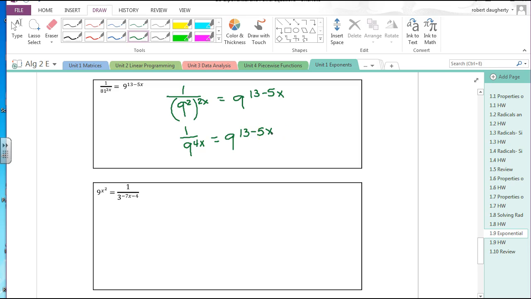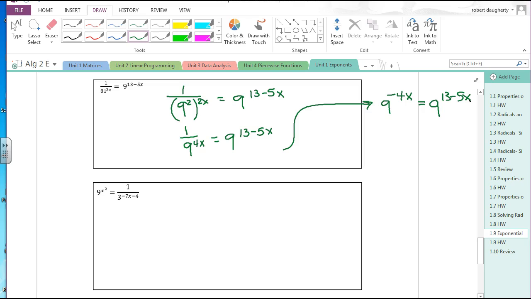Now, do I have the same number on both sides raised to a power? Not exactly. What could I do to get them both as 9 to a power? I can make this positive exponent a negative exponent. So I can write this as 9 to the negative 4x is equal to 9 to the 13 minus 5x.